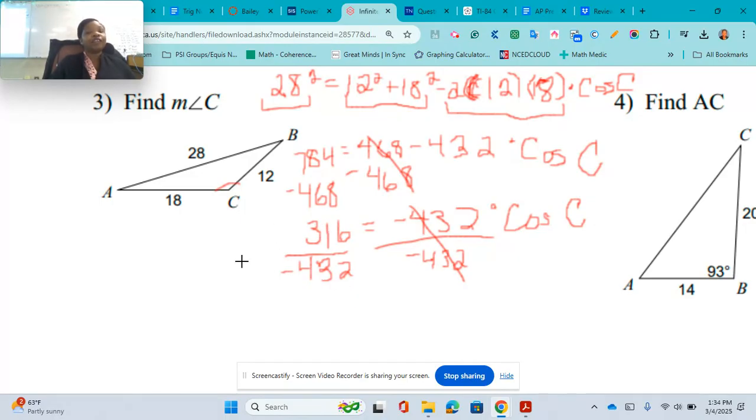First, we have a positive divided by a negative, which will be a negative.